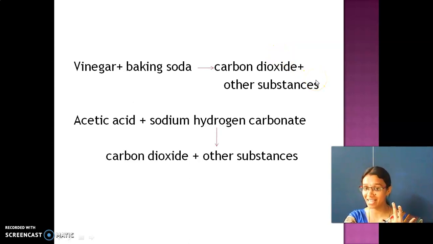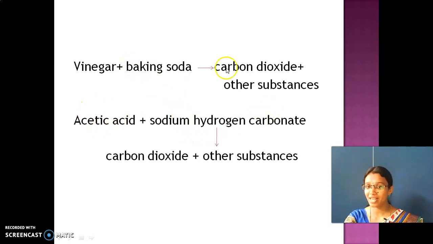So what is the second reaction? First, what is this vinegar, children? The acid present in vinegar is acetic acid. Note it down, children: in vinegar acetic acid is present, and in baking soda, sodium hydrogen carbonate is present.